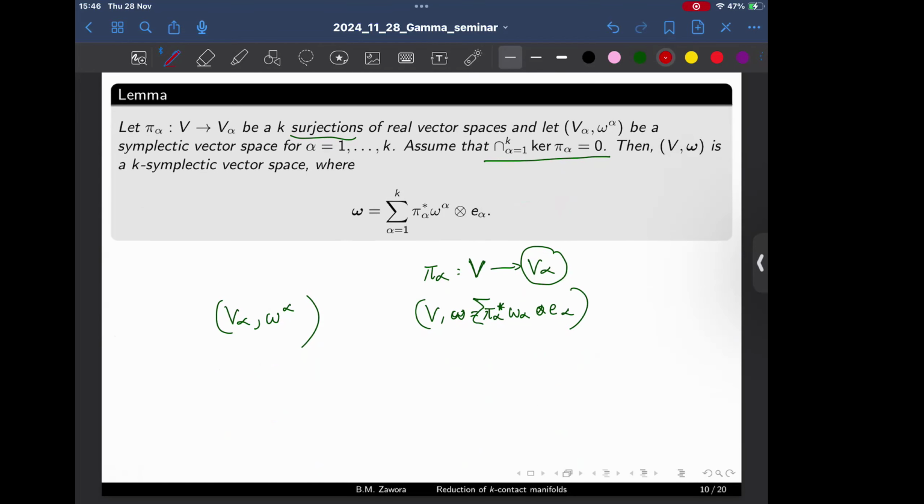Roughly speaking, we can say that we prove the Marsden-Weinstein reduction theorem for k-symplectic manifolds, and also later on, as you will see, for k-contact manifolds. This works in the case when we can retrieve this k-symplectic or k-contact structure from other symplectic and contact manifolds, when we can pull back this k-symplectic structure from symplectic manifolds.